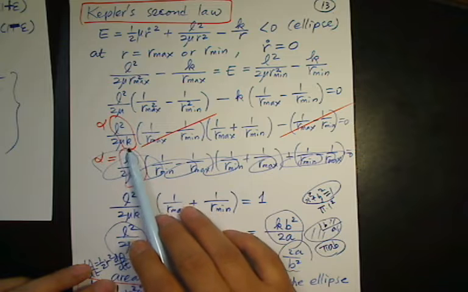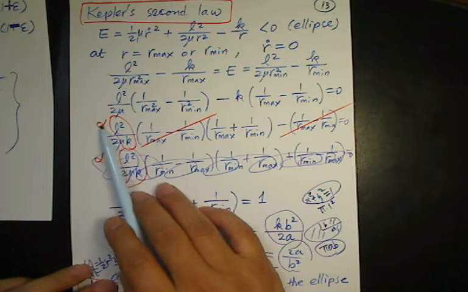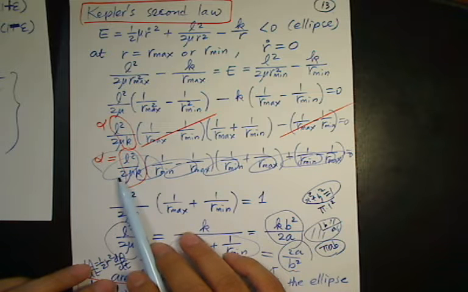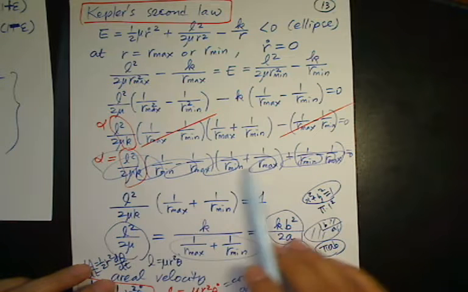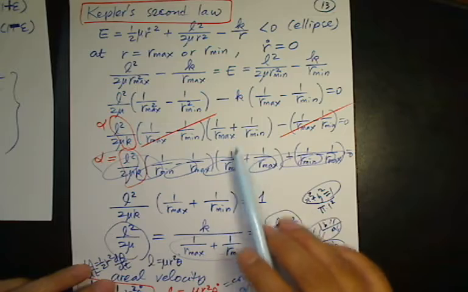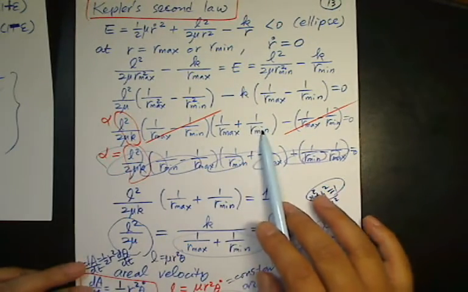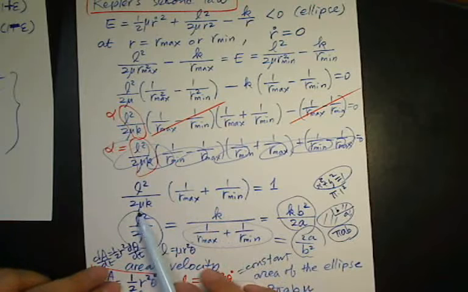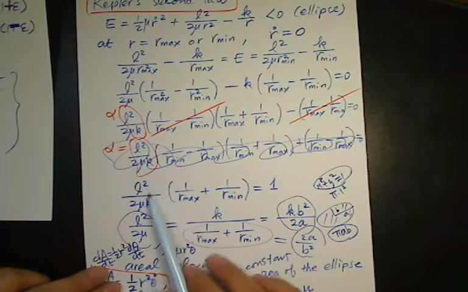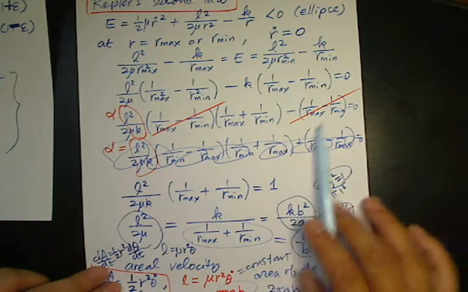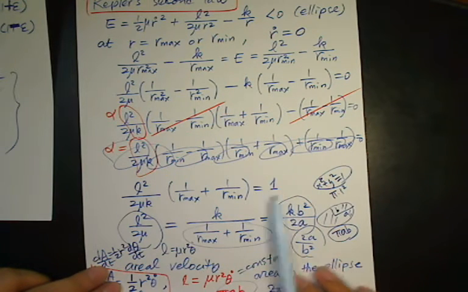But L squared over mu k is actually the semi-latus rectum alpha, so alpha over 2. After removing that factor, we have 1.